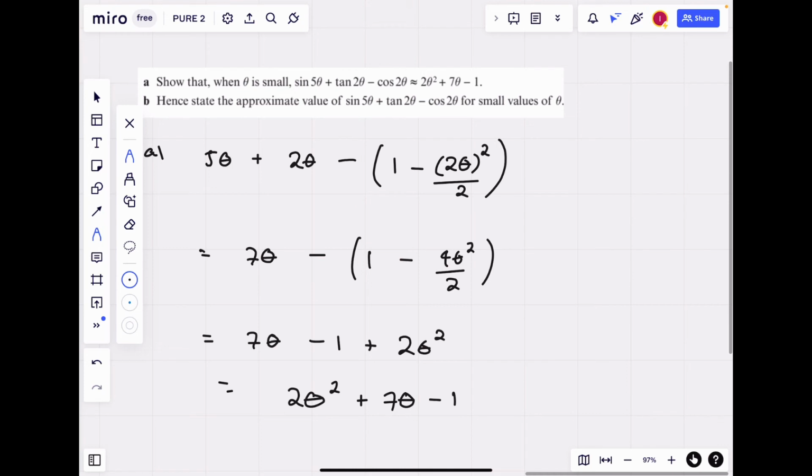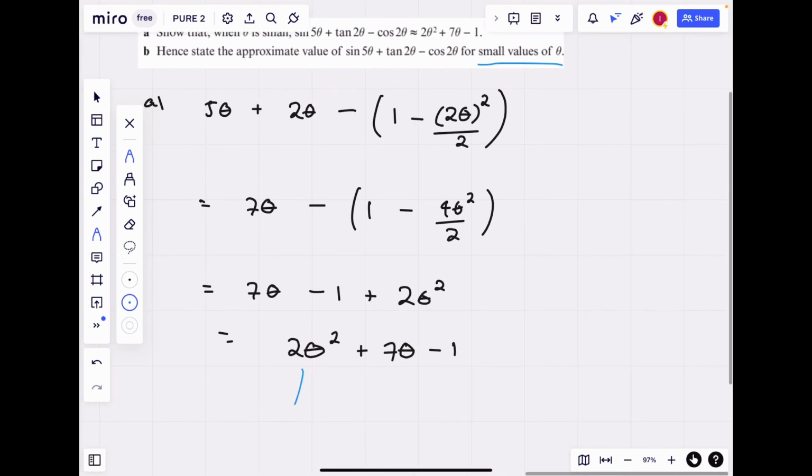That's part A done. In part B, it says, hence state the approximate values of the expression for small values of theta. The key part being small values of theta. This is not small. Neither is this. 2 times theta squared does not give you a small number, typically. 7 times theta wouldn't give you a small number, as opposed to just having theta on its own, right?